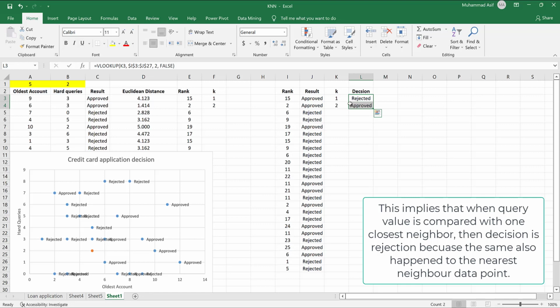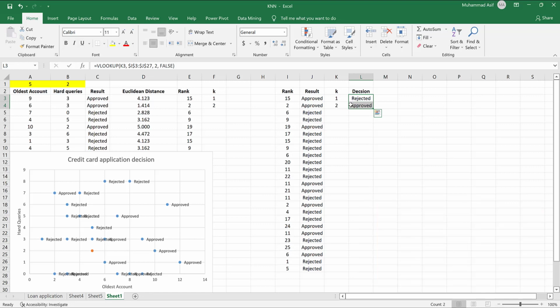So that's pretty much the same thing that we were expecting earlier in this diagram, which means if your criterion is that you want to compare your query with the one closest neighbor, then your decision would be to reject that credit card application. And on the other hand, if you want to compare this query point with 2 closest neighbors, then you have a tie, which means that was approved.